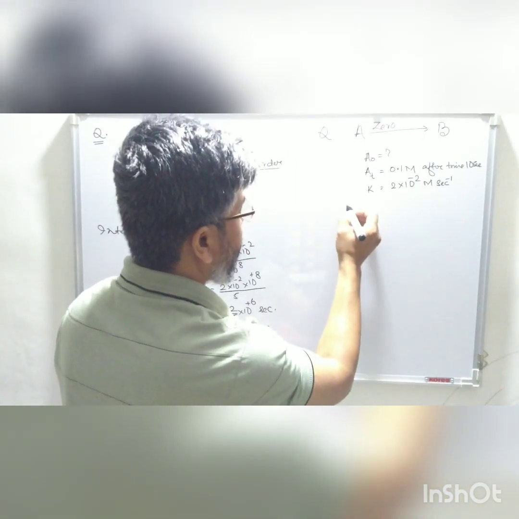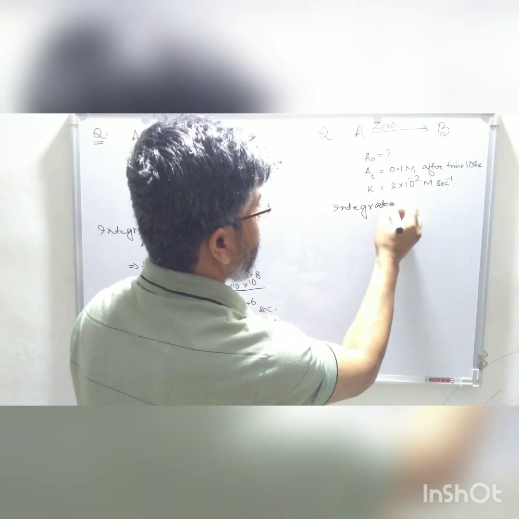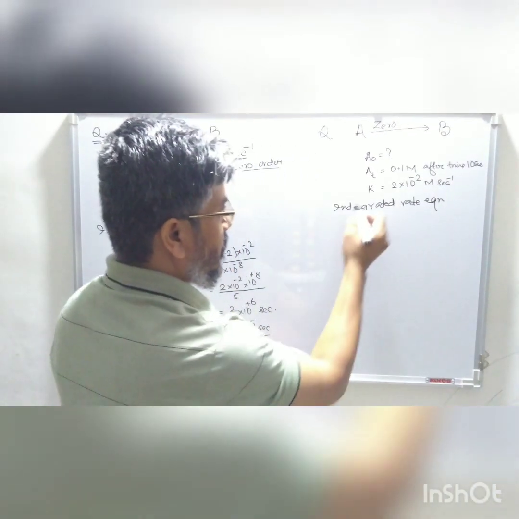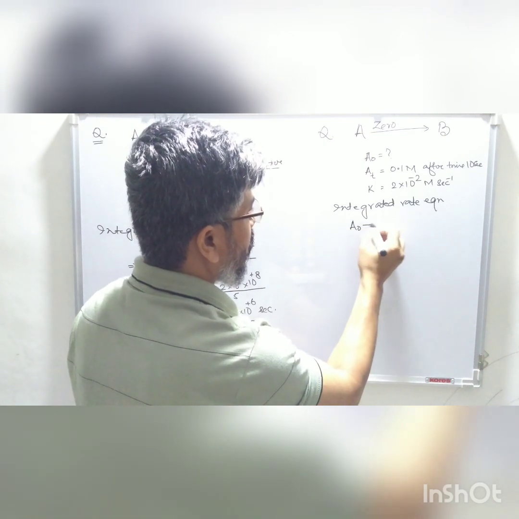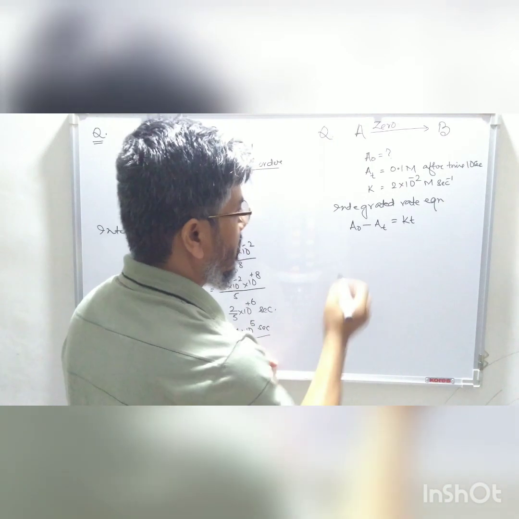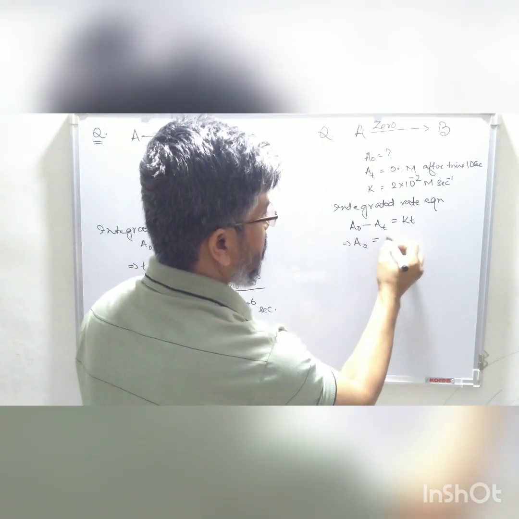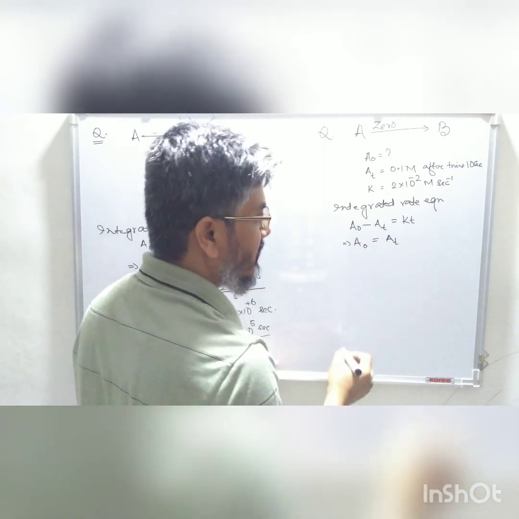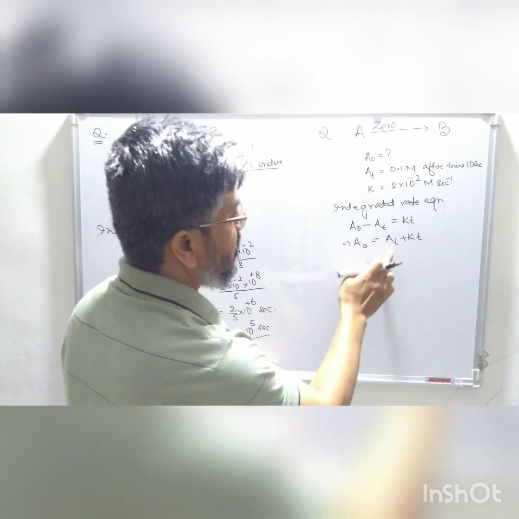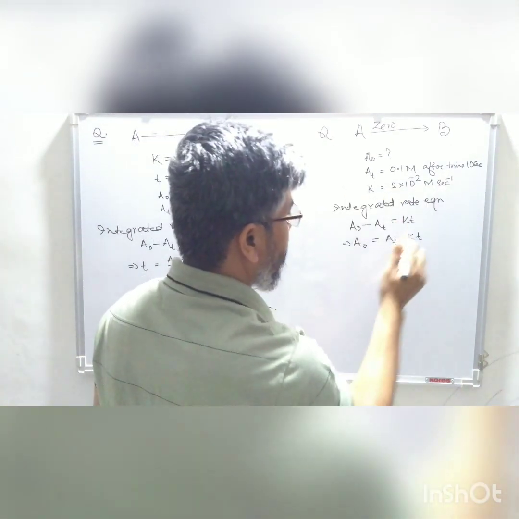Again, look at this. We have integrated that equation. For the zero order reaction, A naught minus A_t is equal to K t. Therefore, initial concentration A naught is equal to the concentration after certain time t plus K into t. We have the value of A_t, we have the rate constant K, we have time t.